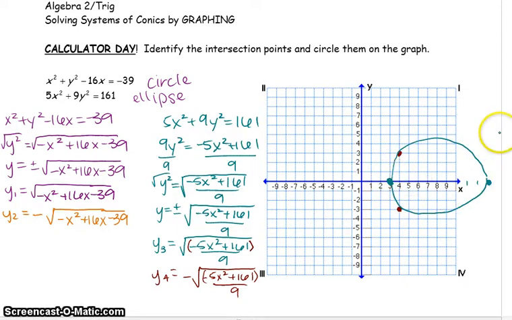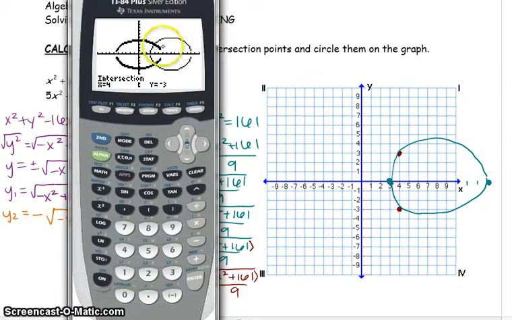So we know the graph of our circle is going to look something like this. Rough circle. Okay. And then for our ellipse, we know it'll intersect somewhere 1, 2, 3, 4, 5, roughly in the 6th region, and 1, 2, 3, 4, 5, 6, 7, 8 region between there.